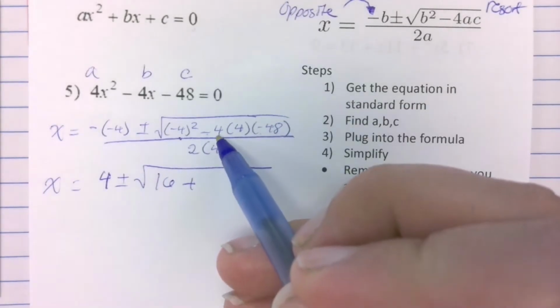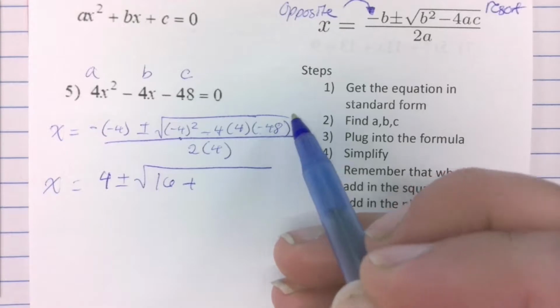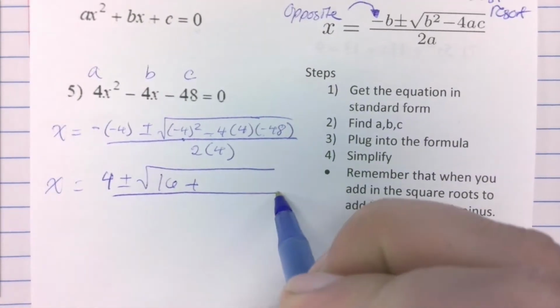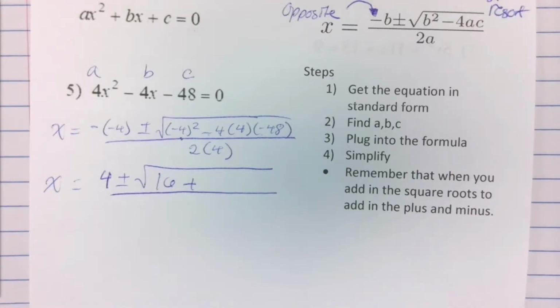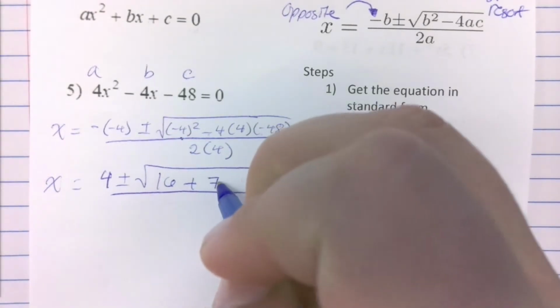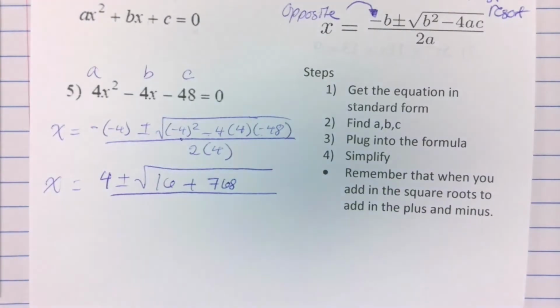Then use a calculator. 4 times 4 times 48. What's 2 times 4?